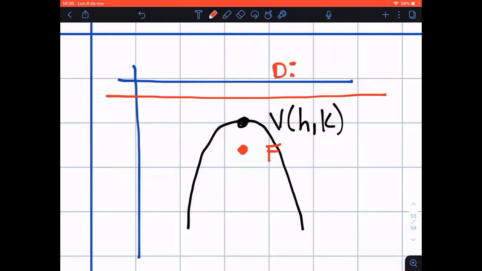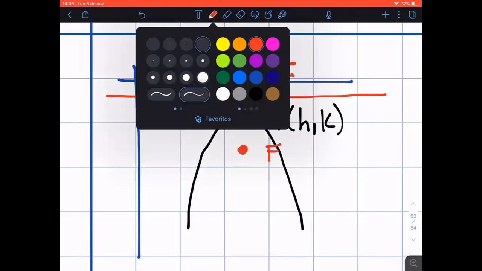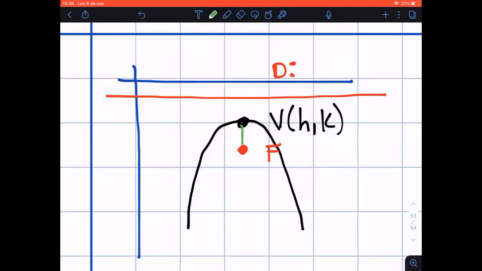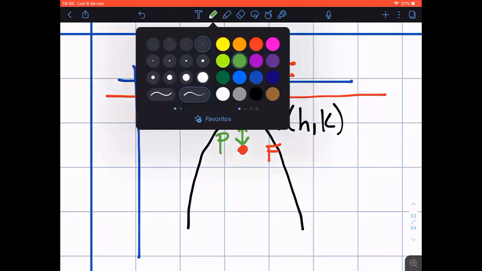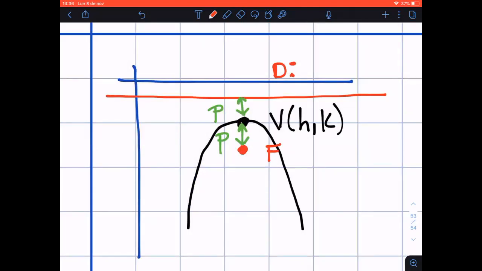Okay. Just as with the previous example, we have to identify the p-value. The p distance is between the vertex and directrix and vertex and focus, okay? So, if I move downwards from the vertex, the coordinates will be h comma k minus p.